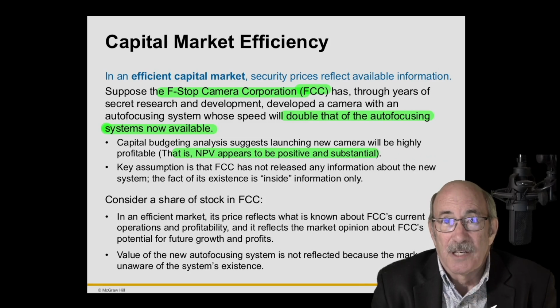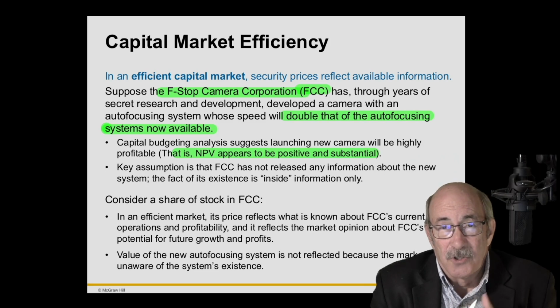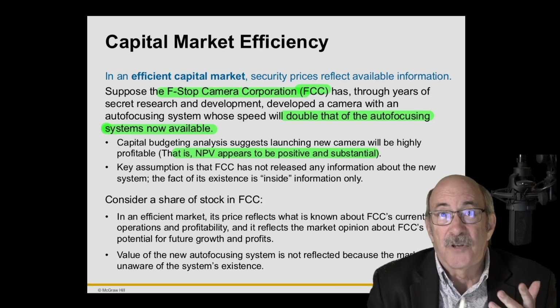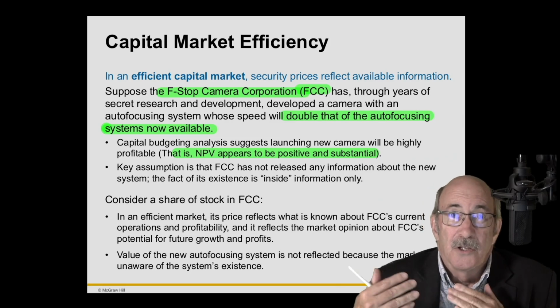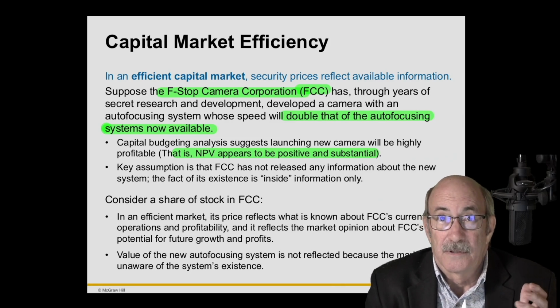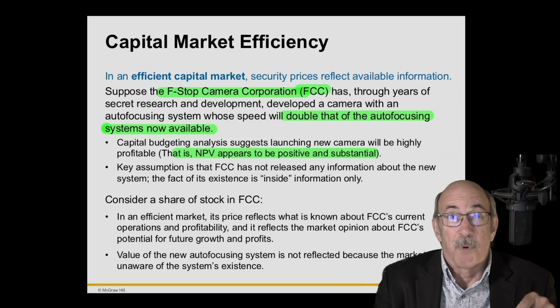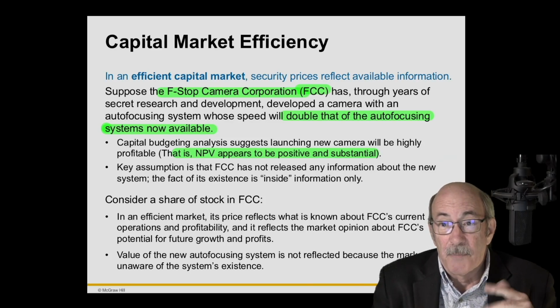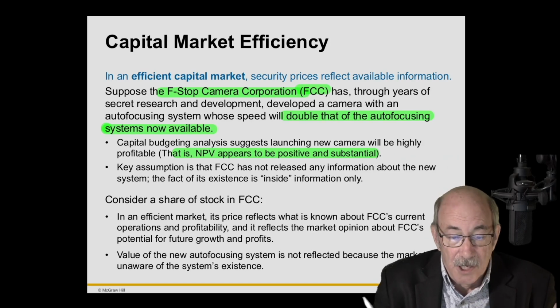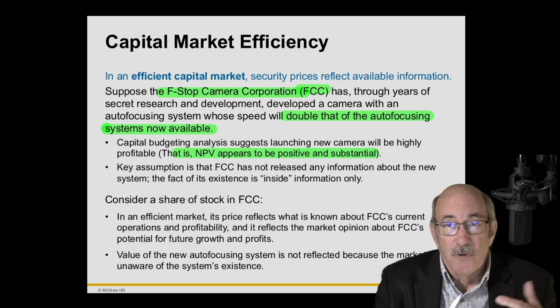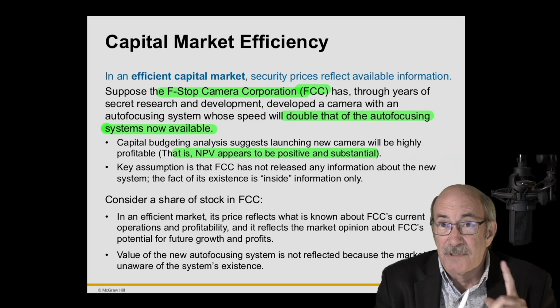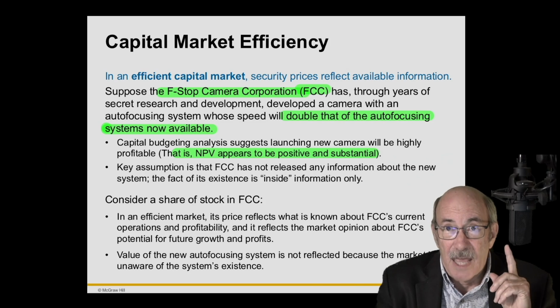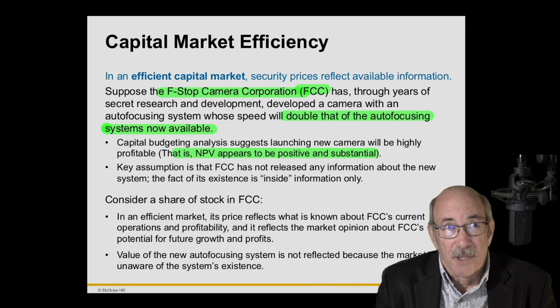The time when it is not legal is usually when there's a lot of asymmetric information between shareholders and insiders. Like this particular example right here, where we're talking about this new technology that's going to revolutionize autofocusing, going to be a huge value bump for the company. But right now, the stock price doesn't reflect it because that information has not been made public. And not until that time can the price reflect that.